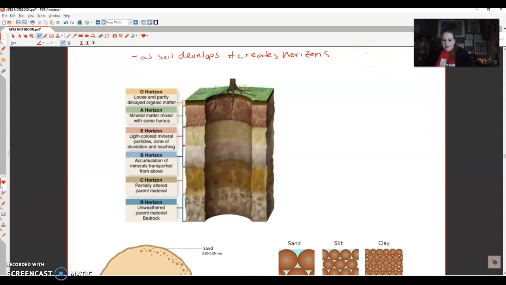Okay. So we categorize the layers basically by what they're made of or what they're composed of and what organic material they contain. So layers are categorized by composition and organic material.